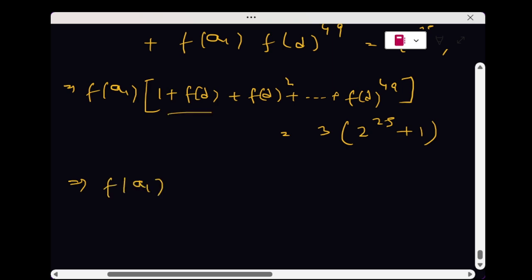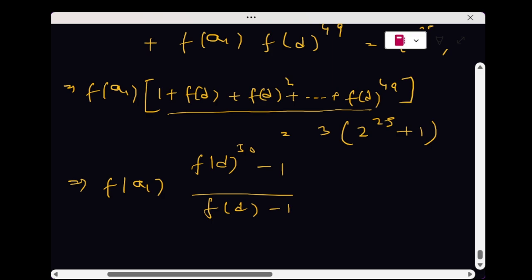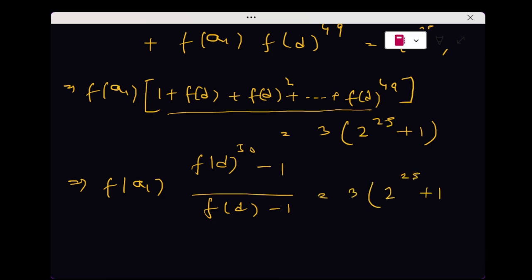Now this is a GP, and the sum of the GP will be f of d to the power 50 minus 1 by f of d minus 1 equal to 3 into 2 to the power 25 plus 1.